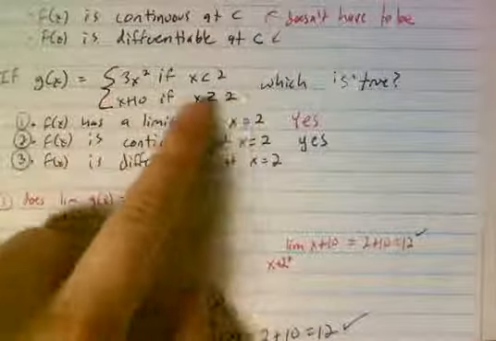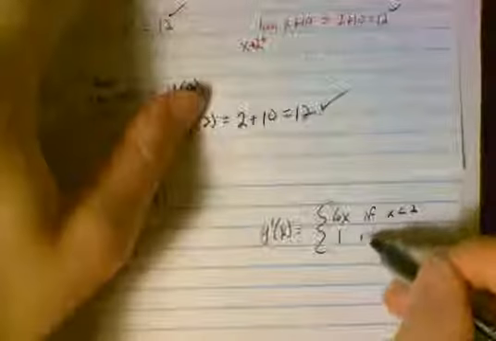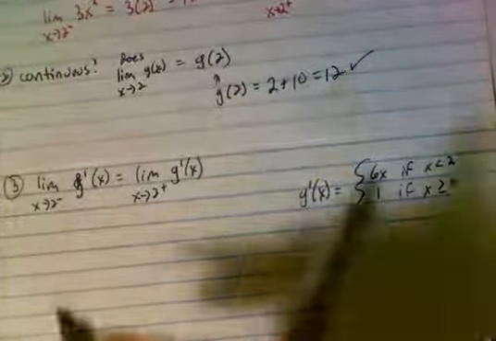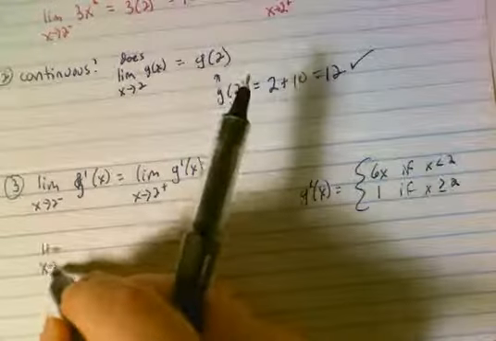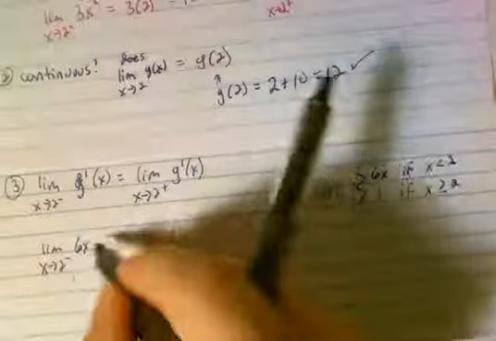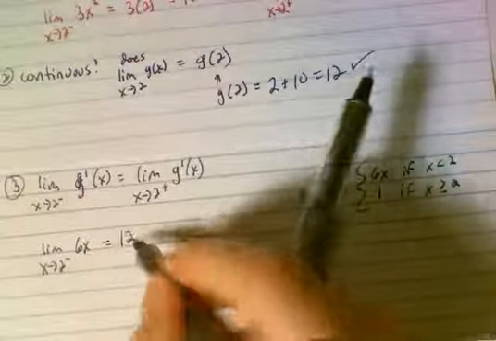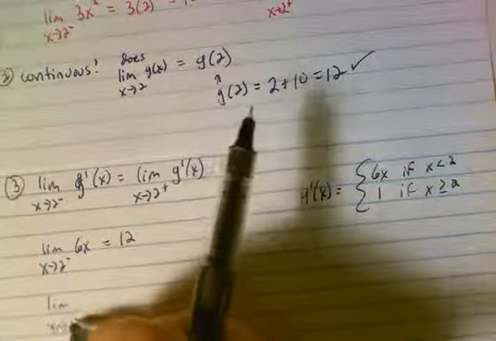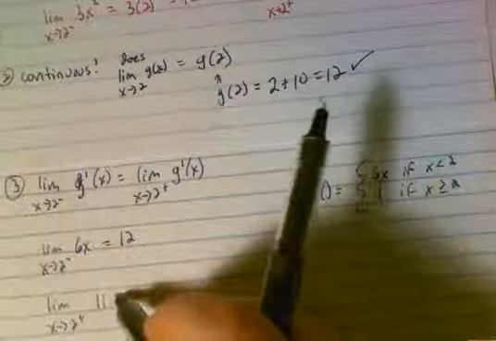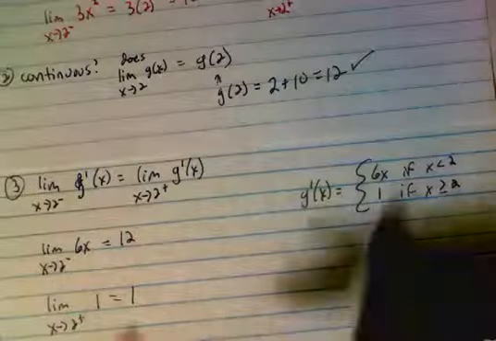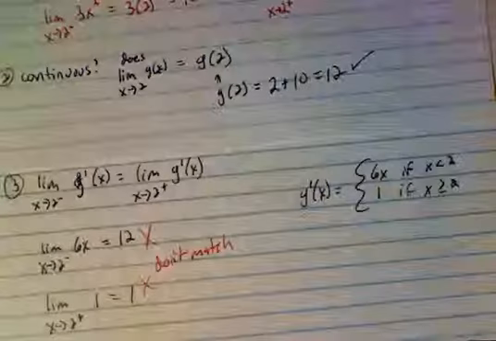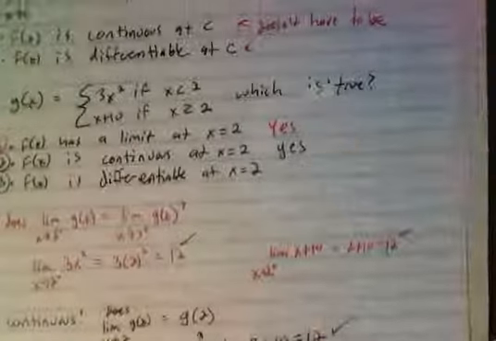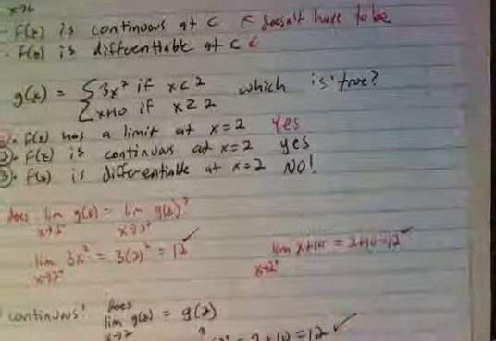If x is greater than 2, the derivative here is going to be 1. The left function is 6x. Plug in the 2, that's 12. The limit as x approaches 2 from the right-hand function is 1. It's always 1. These ones don't match. So that means if we come back up here, differentiable, no, just the first two are true.